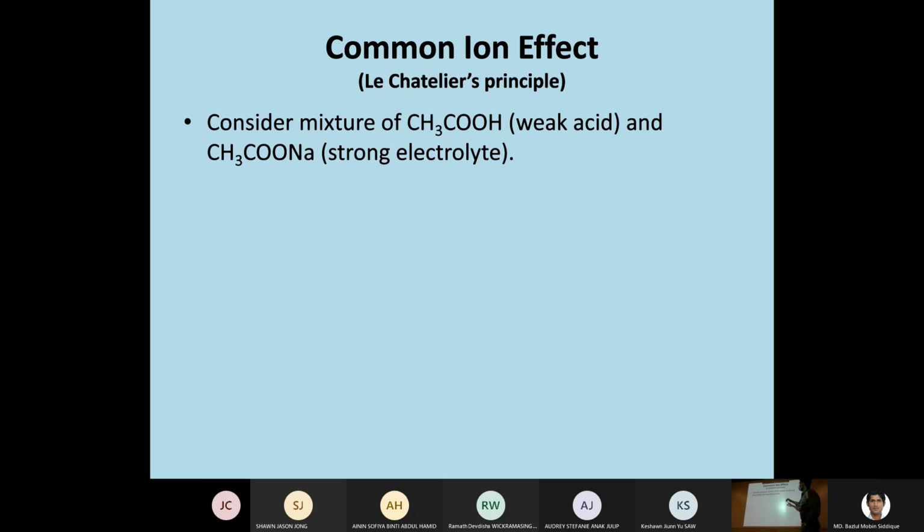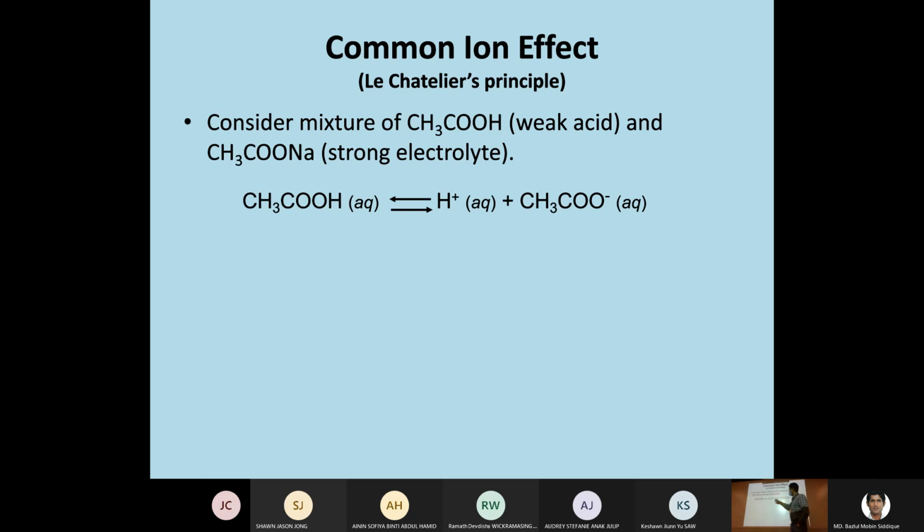So for a common ion, take acetic acid or ethanoic acid. How does it change the acetic acid? We all know that acetic acid will dissociate to produce acetate ion and hydrogen ion. Right? And this is a both-way reaction, so it attains an equilibrium here.